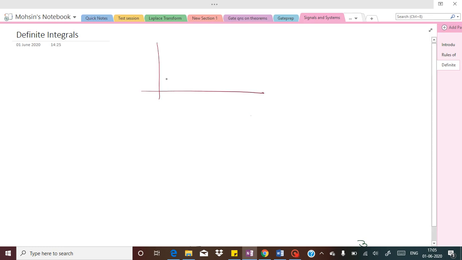Suppose there is a varying function like this, which is generally considered an indefinite integral. Say this is f of x versus x.